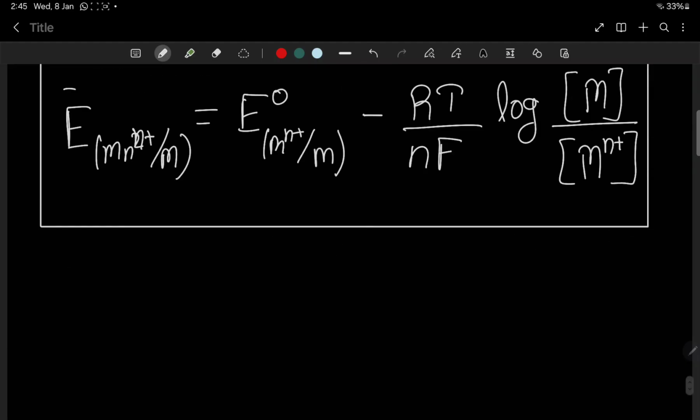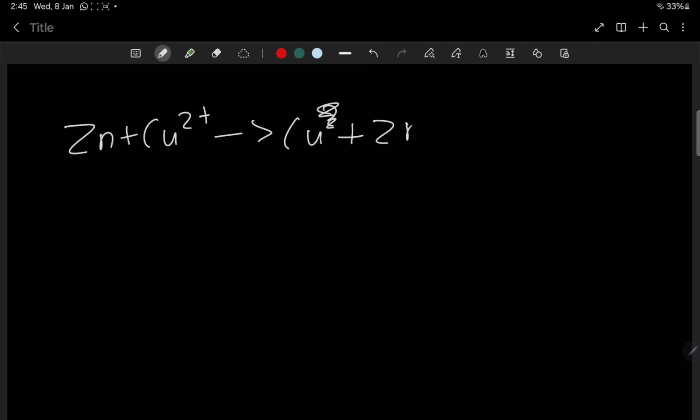Normally for us, we just write the equation like this. I'm not going to derive it. For Zn plus Cu2+ gives Cu plus Zn2+, how to write the Nernst equation?